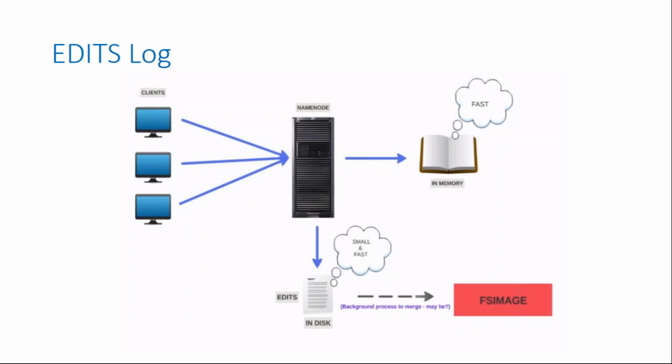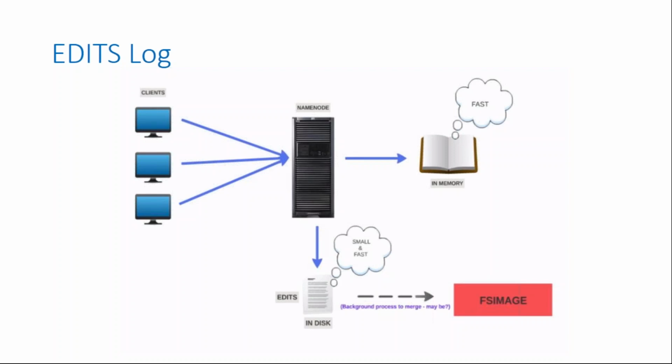And then periodically, whatever is inserted into the edits log will be merged into the FS image. A background process would be running periodically, every 10 minutes or 30 minutes, to merge into the FS image.